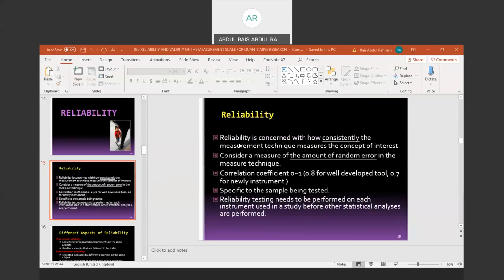The correlation coefficient is between 0 to 1, 0.8 is considered for well-developed, and 0.7 for newly developed questionnaires. Okay, it's specific to a sample that is being tested, and reliability testing needs to be performed on each instrument used in the study before other statistical analyses are performed.